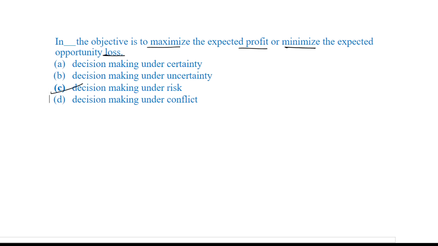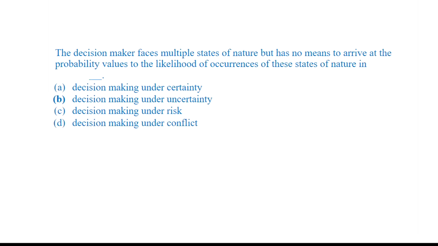Okay, moving on to the next question. The decision maker faces multiple states of nature but has no means to arrive at the probability values of the likelihood of occurrence of these states of nature. When the decision maker is working under uncertainty, there is no probability given.